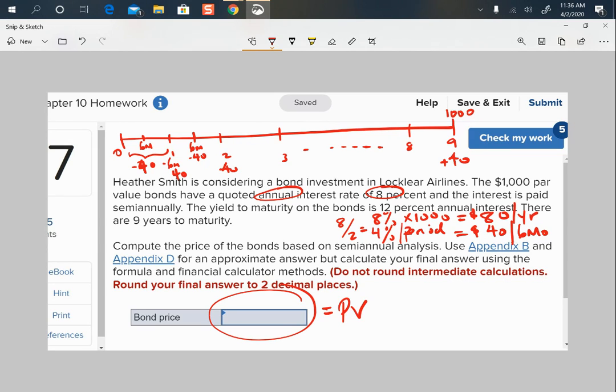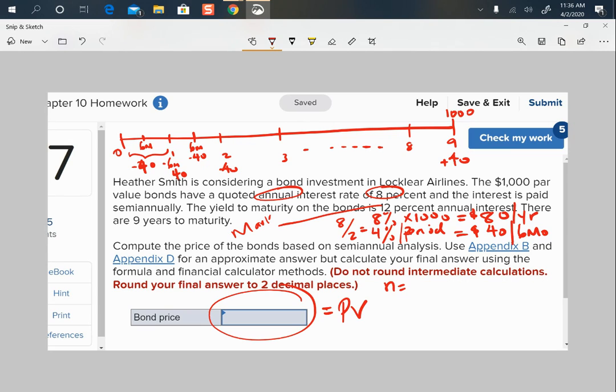Again, I like to use Excel, but you can use a financial calculator. You can use financial tables or a financial formula. But if we use the financial calculator, again, we have to determine what our N is. Remember, in this example, it is on a semi-annual basis, and therefore we have 12% being the market rate.